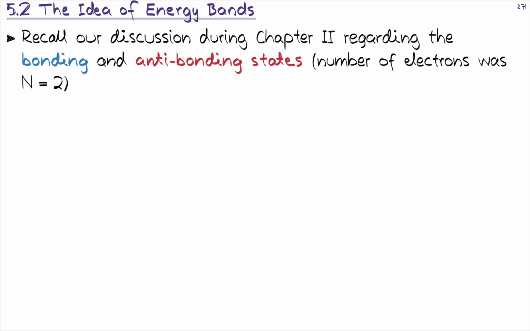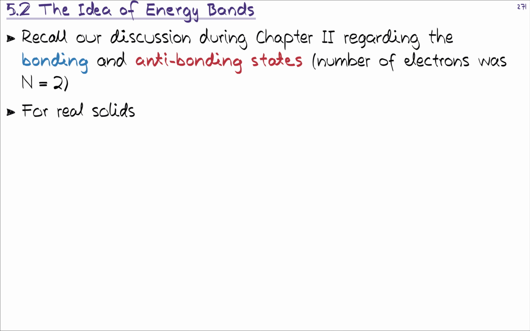So we solved the Schrödinger equation with the assumptions we had, and then we had 2 electrons to populate these different energies, different wave functions, and then we discovered that we can either have a bonding state or an anti-bonding state.